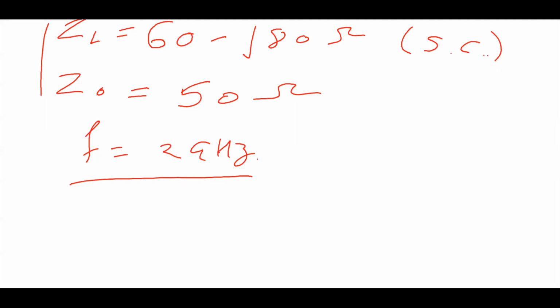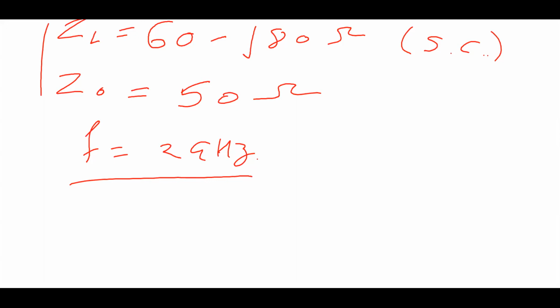Here itself we can see 60 and 50, there is a mismatch. Again, the real part is mismatched and the imaginary part is also mismatched. For Z0, the imaginary part is 0. For the load, the imaginary part is minus 80. So here we have to go for impedance matching.